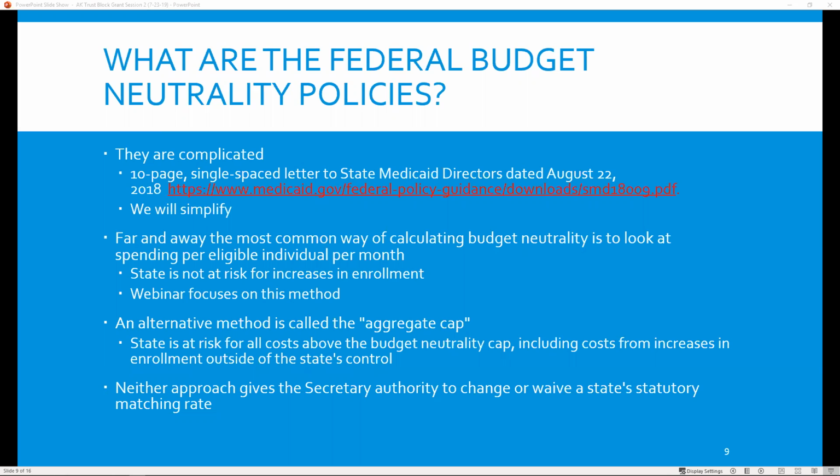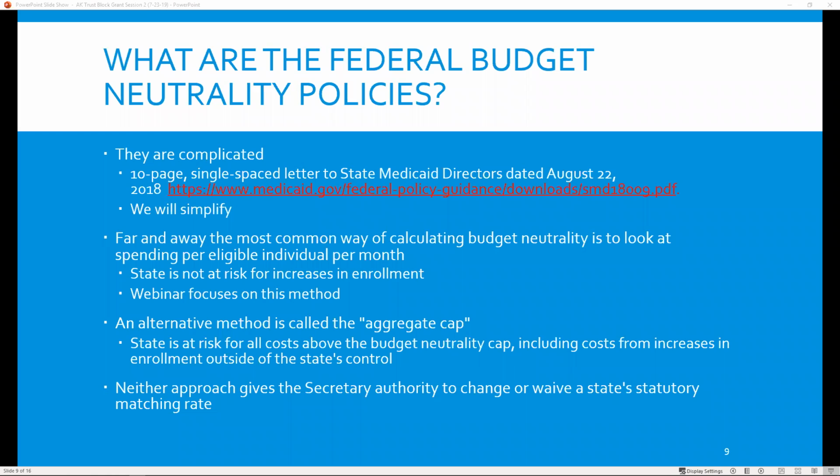The upshot is that if enrollment goes up, the budget neutrality limit goes up, and the state is not at risk for increases in enrollment for whatever reason: bad economy, changes in eligibility, changes in administration, doesn't matter. The state is at risk for the per person per month cost of an enrollee, but not for the number of enrollees. And we're going to focus on that because that's the most common.